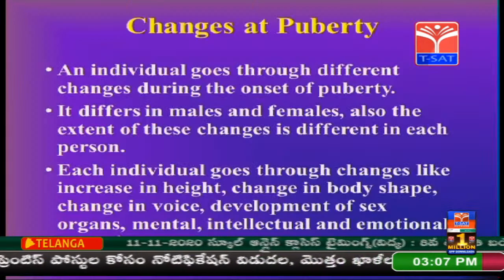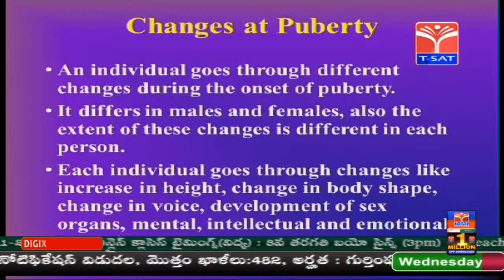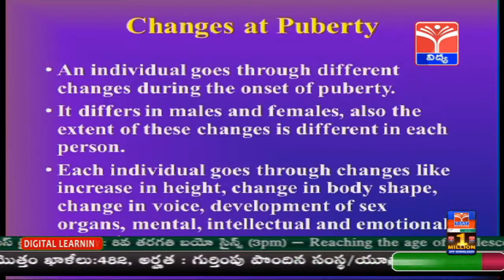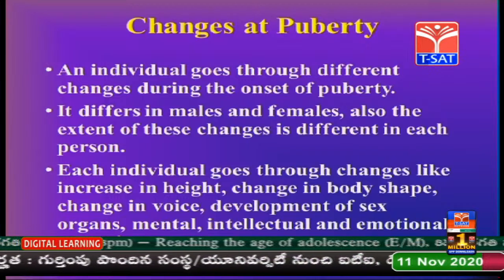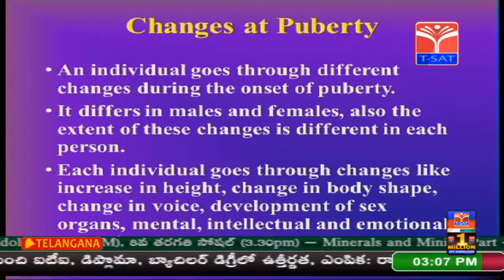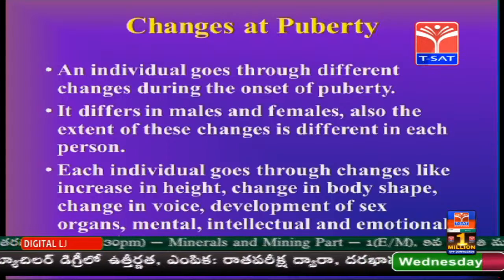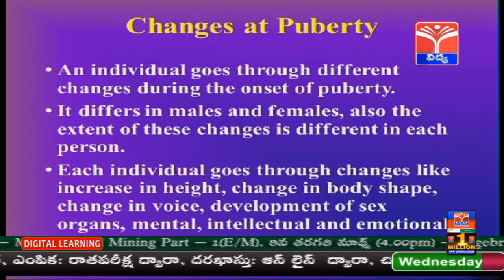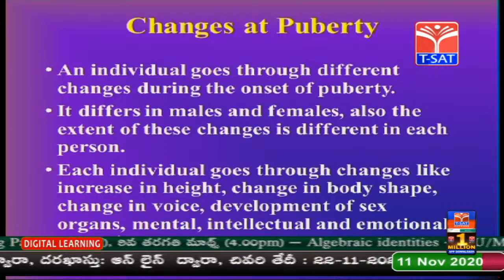So always you are in a confused state because you don't know what the changes going on in the body are. You don't know the reason behind the change that occurs in your body. These changes are occurring due to the development of sex organs in your body.